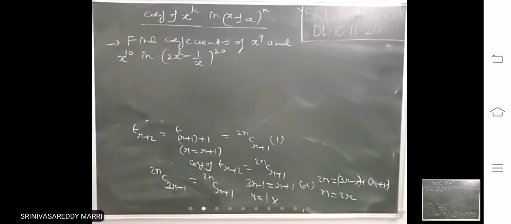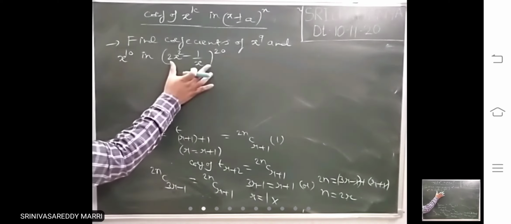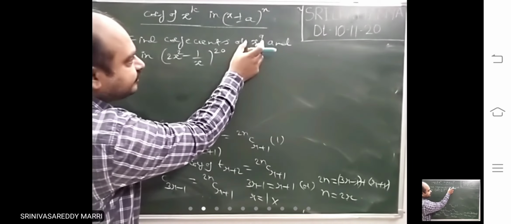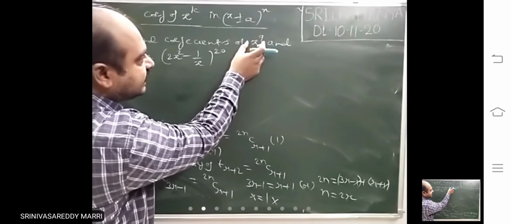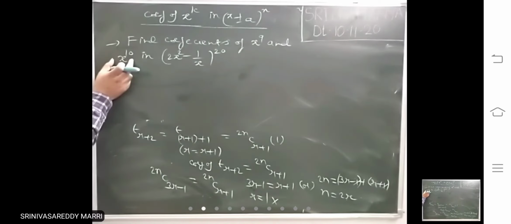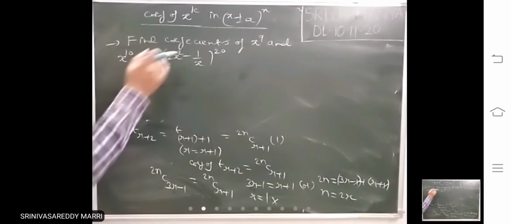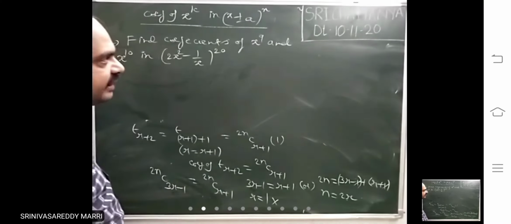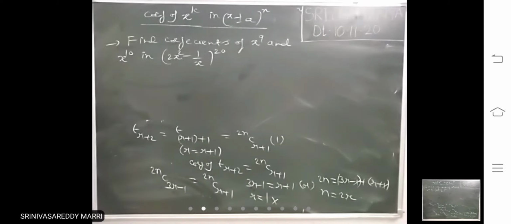Okay, now the coefficients of x power 9 and x power 10 in this expansion. If you expand this, there will be 21 terms. In which term x power 9 is there, you have to calculate, and in which term x power 10 is there. Then only you are able to find the coefficient, meaning the constant before x power 9 and before x power 10. This is not the 9th term, this is not the 10th term.